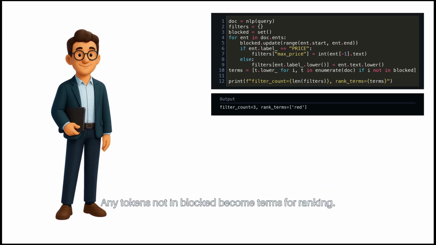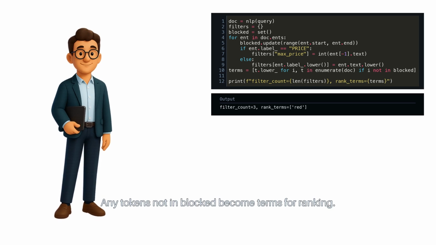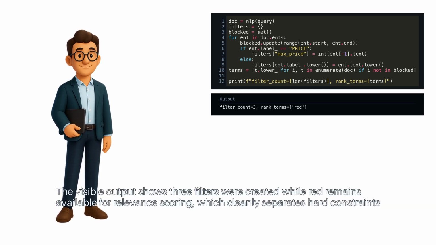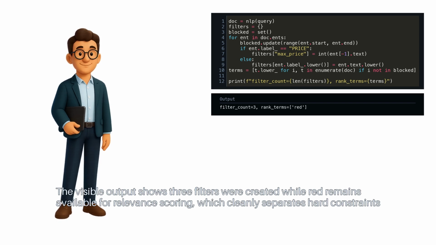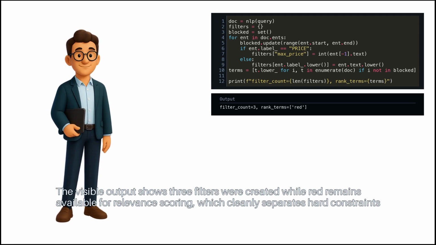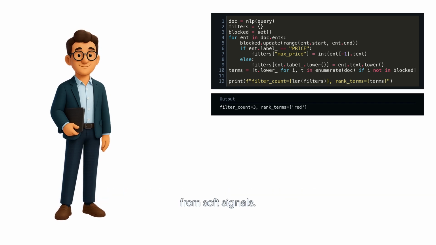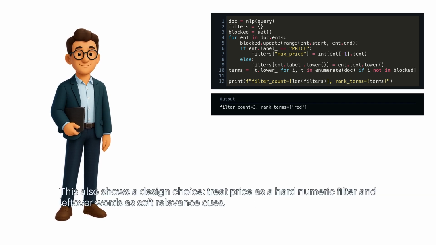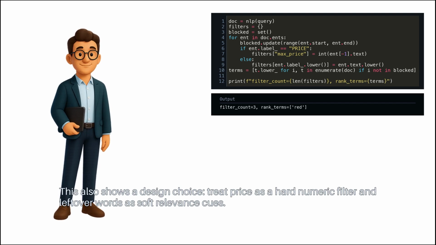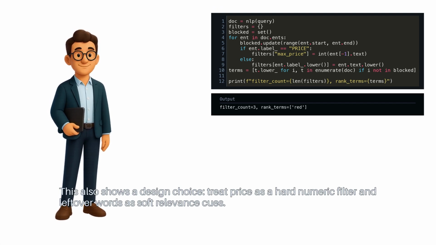Any tokens not in blocked become terms for ranking. The visible output shows three filters were created, while red remains available for relevance scoring, which cleanly separates hard constraints from soft signals. This also shows a design choice. Treat price as a hard numeric filter, and leftover words as soft relevance cues.